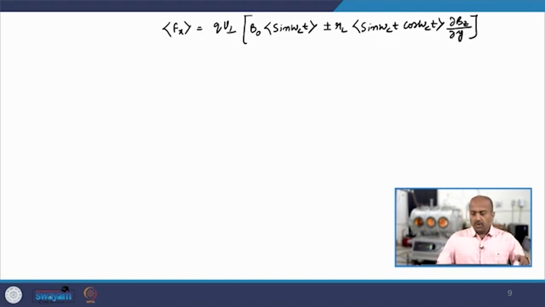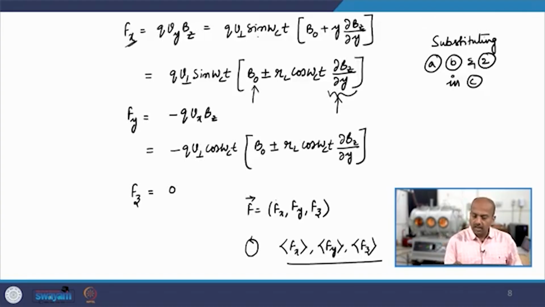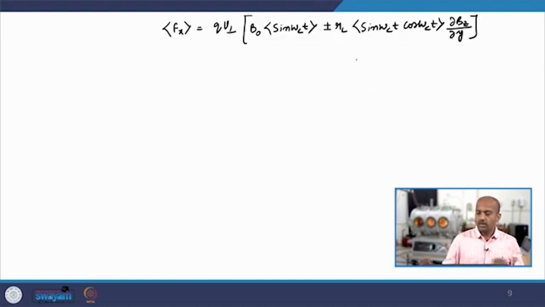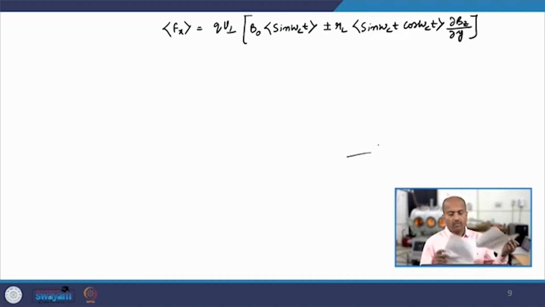What I have done is taken sin omega c t into the bracket and written an average of all the parameters. So, when you take an average during one gyro orbit, how will the things change?